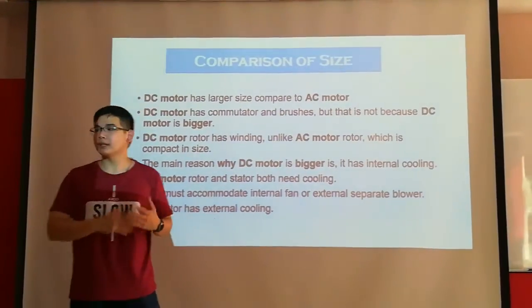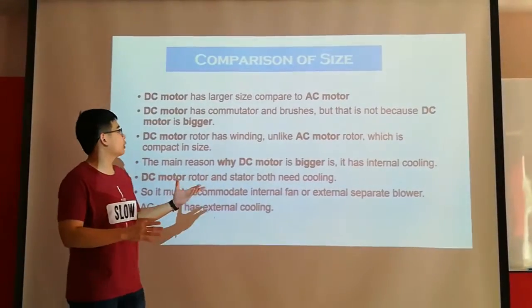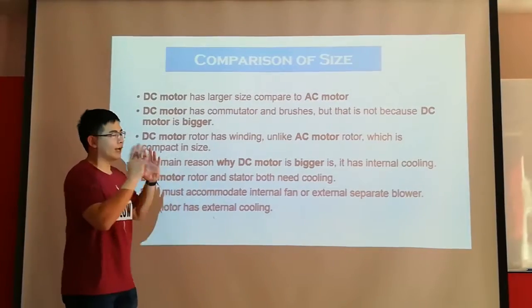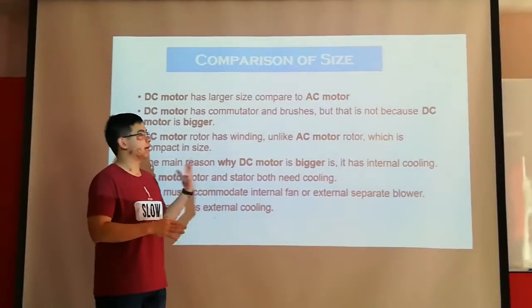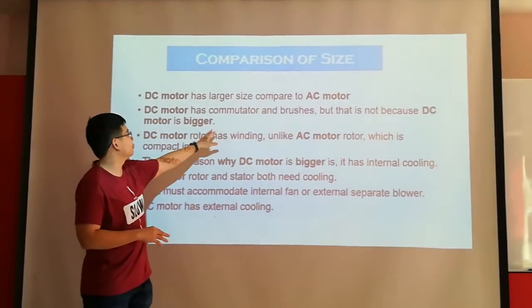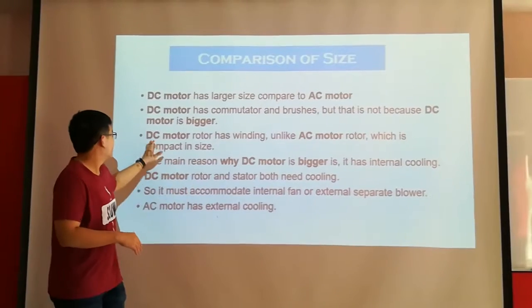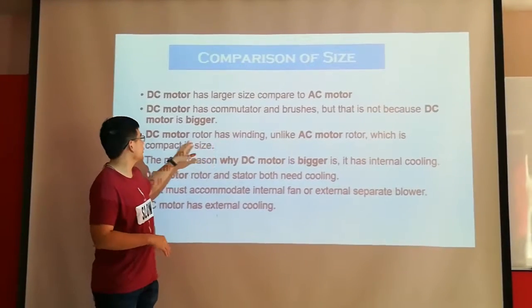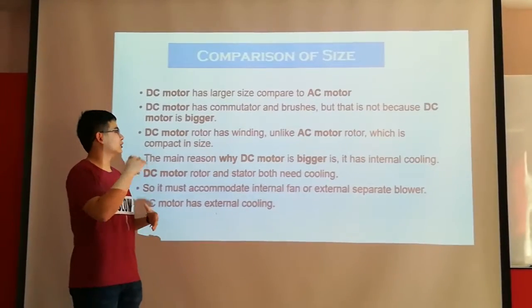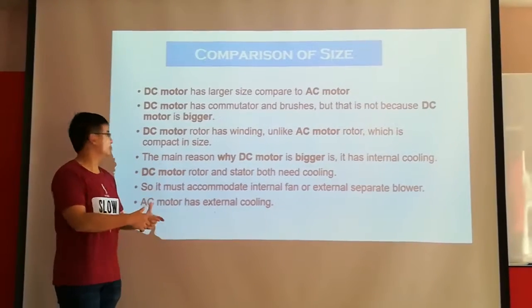Now I want to compare the size of the AC motor and DC motor. The DC motor has a larger size compared to the AC motor. The DC motor has a commutator and brushes, but that's not the reason why the DC motor is larger. The DC motor rotor has winding, unlike the AC motor rotor, which is compact in size.